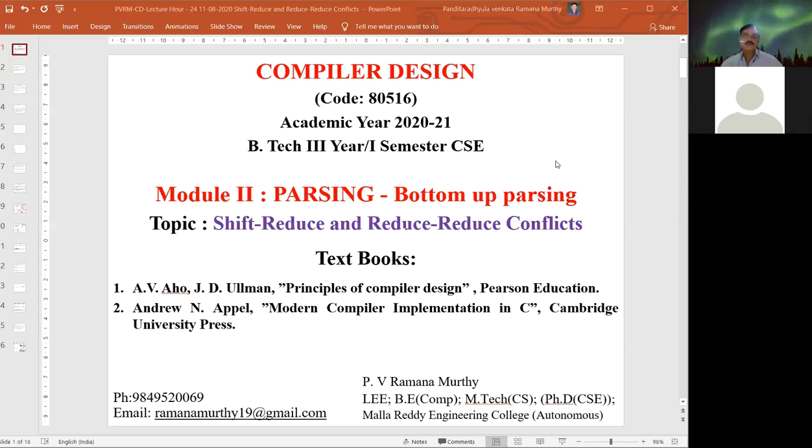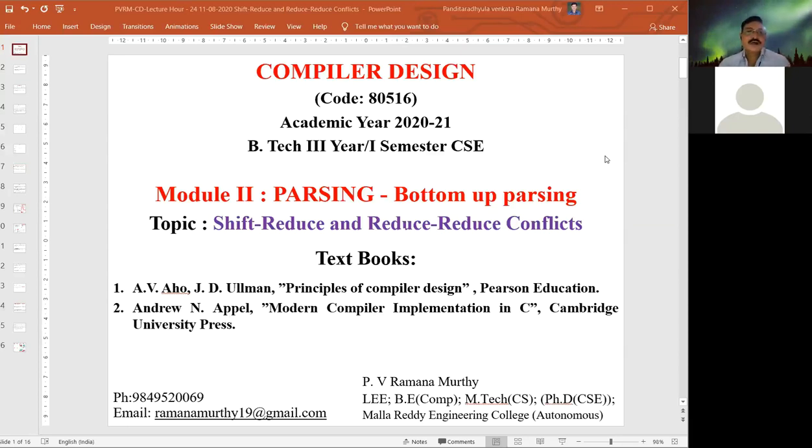In the parser table, for each terminal or non-terminal and on various states, we identify whether the next action is either reduce or shift. Based on these shift-reduce operations, we are constructing the parser table.